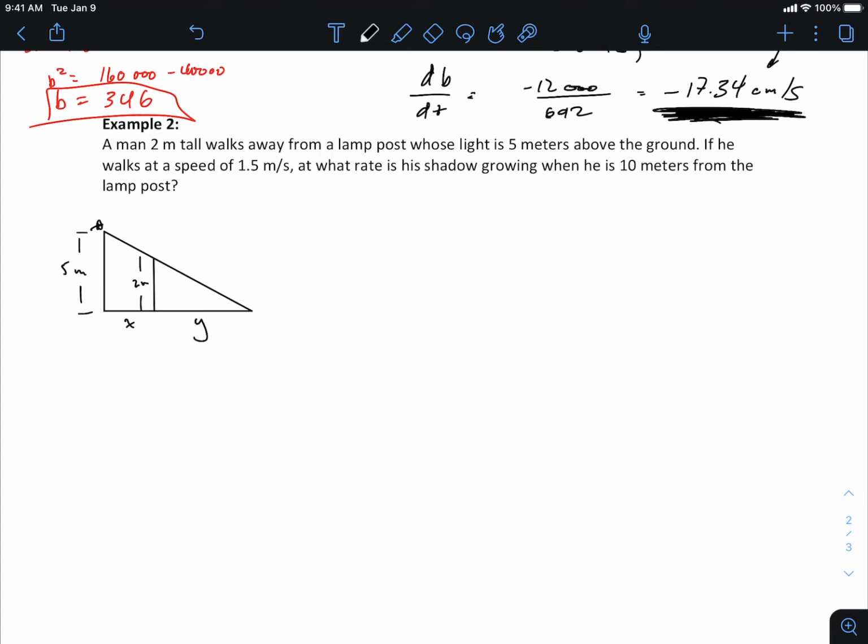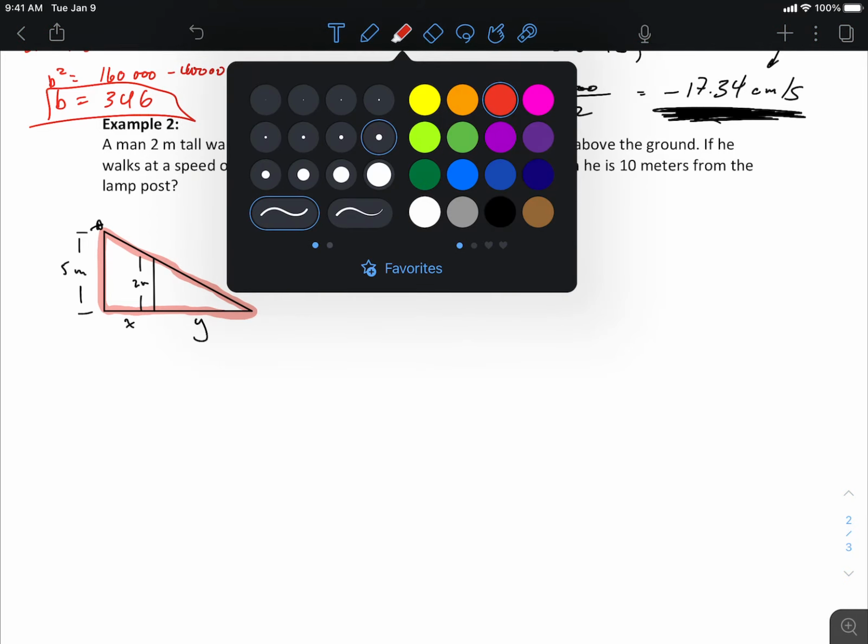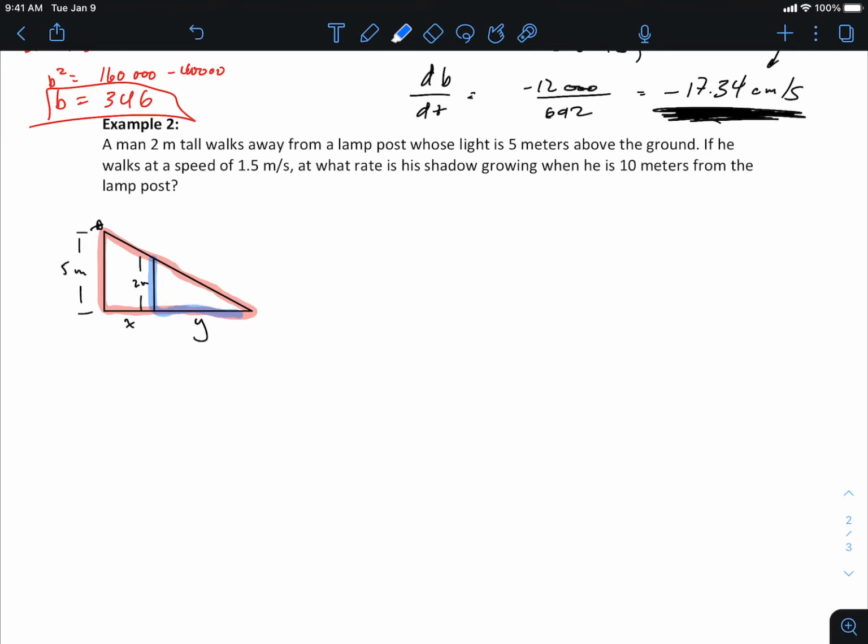If you look at this triangle very closely, we're going to have a big triangle, one that represents the outside perimeter, and then a smaller triangle here as well. This is how we're going to set up our ratio. Once we set up the ratio and do some derivative work, we can figure out where the information from the question is going to go.